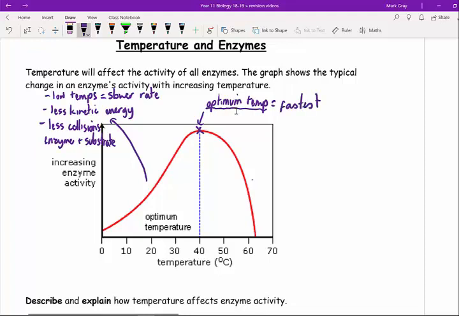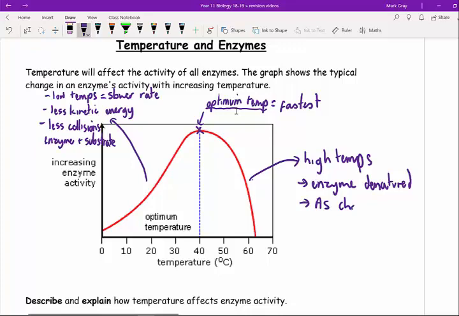But then we get to here and we get this big drop. Now, this is because at high temperatures, the enzyme is denatured, which means that the active site changes shape which means that the substrate no longer fits.